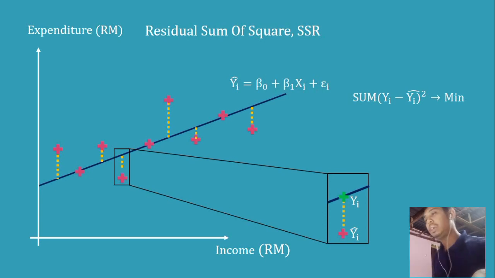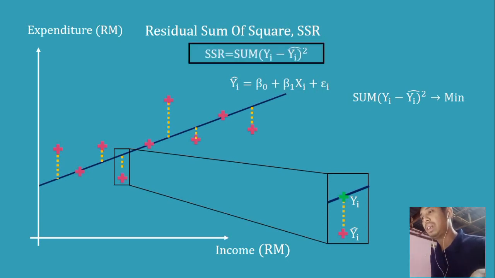There are two components in explaining the concept of R square. First is the residual sum of squares, where the formula is the summation of the squared difference between actual y and estimated y.